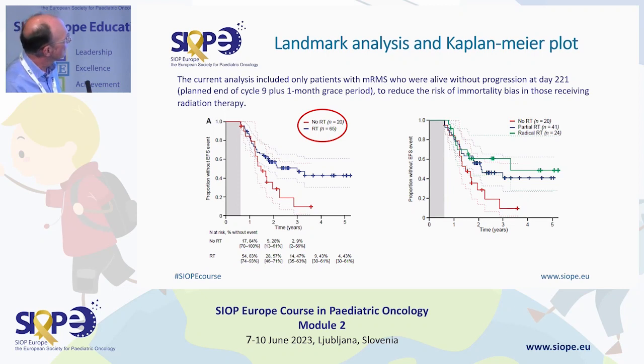And these are the results. So this is the curve for no radiotherapy versus radiotherapy, and what they, of course, would like to show is the fact that the patients receiving radiotherapy did better than those that didn't. But as we concluded just now, there are quite some reasons why a patient got radiotherapy or didn't, and they're all relevant factors that have to do with the amount of disease.